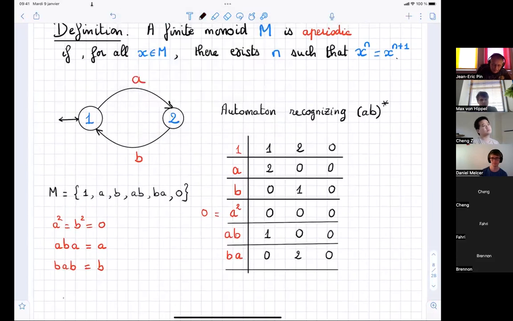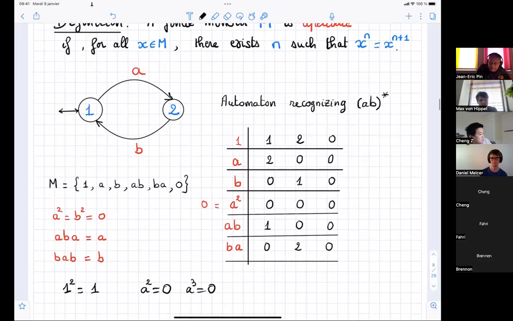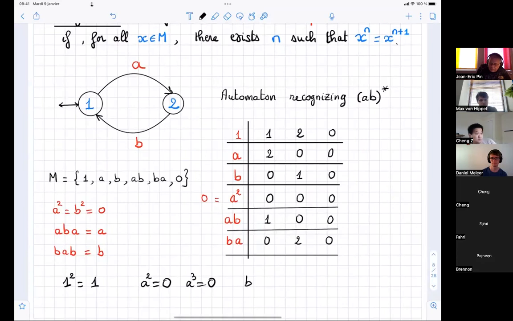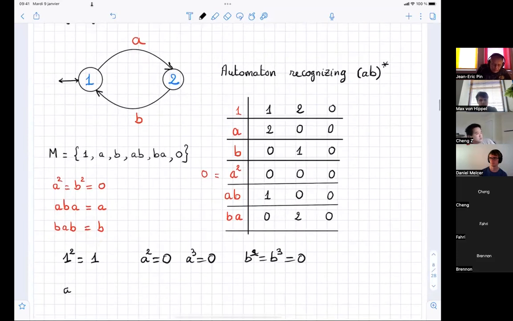So the first one is 1 squared is 1, okay, obviously. A squared is 0, so A cube is also 0. Same thing for B squared equals B cube equals 0. And AB, that's more interesting, AB squared is ABAB.